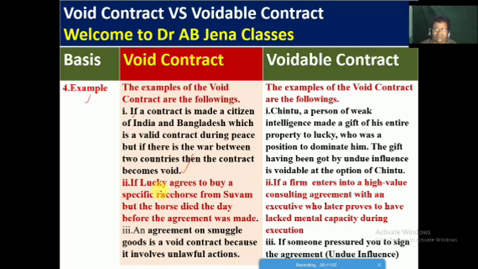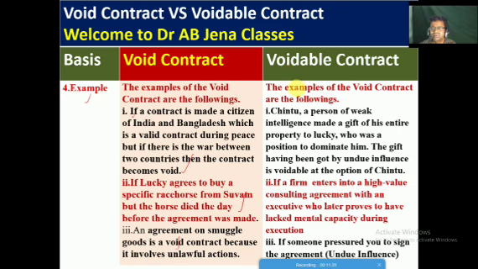Another example: if Loki agrees to buy a specific race horse from Shubham, but the horse died the day before the agreement was made. Another example: an agreement on smuggled goods, that is illegal goods or unhealthy demerit goods, is a void contract because it involves unlawful action.